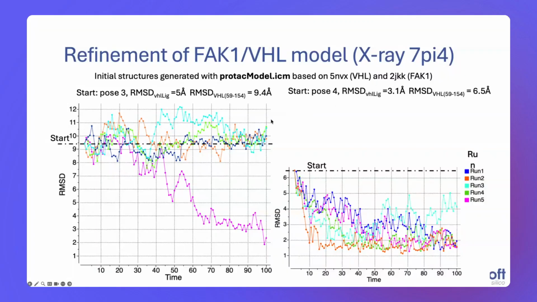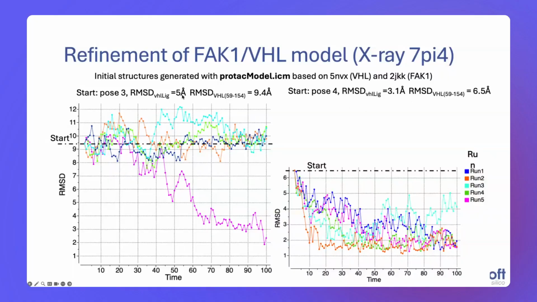The initial structures were generated based on established templates, 5NVX for VHL and 2JKK for FAK1. We started the refinement from 2 different initial configurations, pose 4 and pose 3. Pose 4 was a better starting point with a VHL ligand RMSD of 3.1, while pose 3 was more distant with an RMSD of 5.